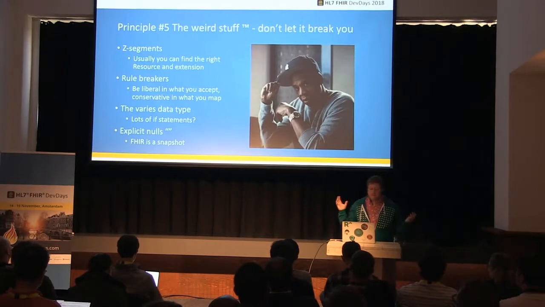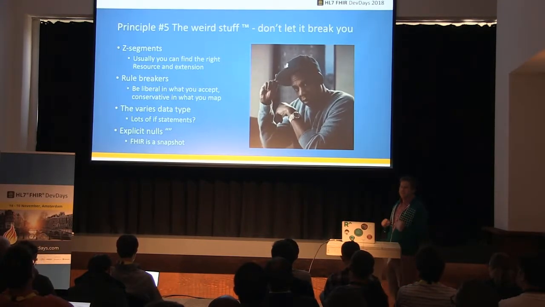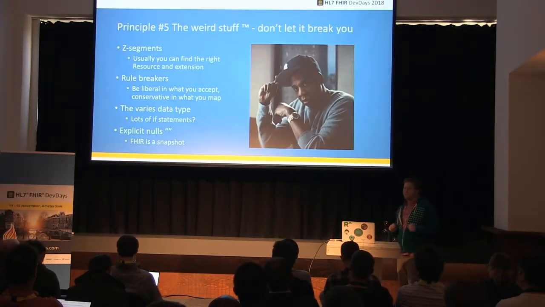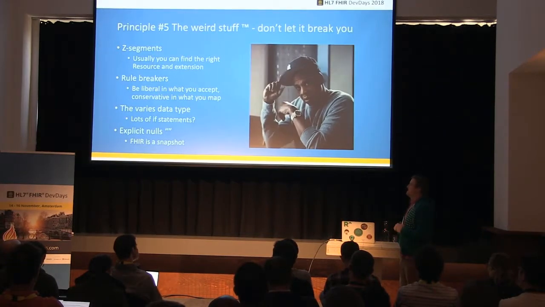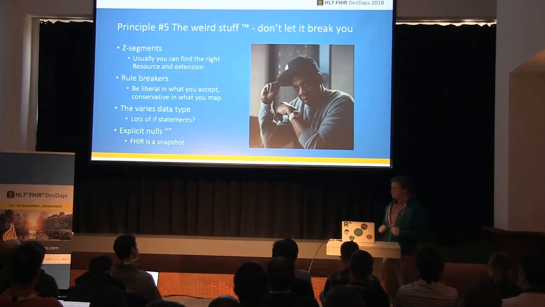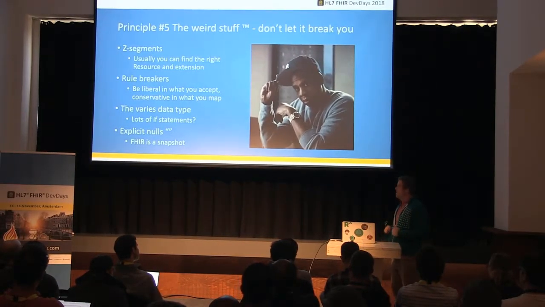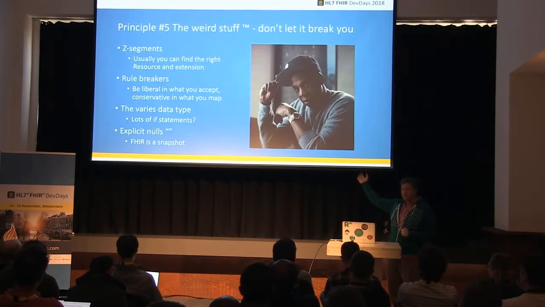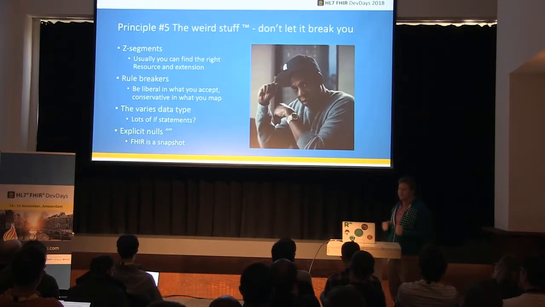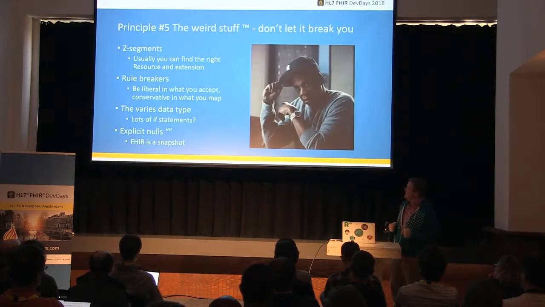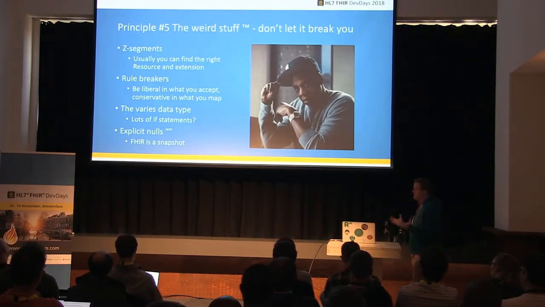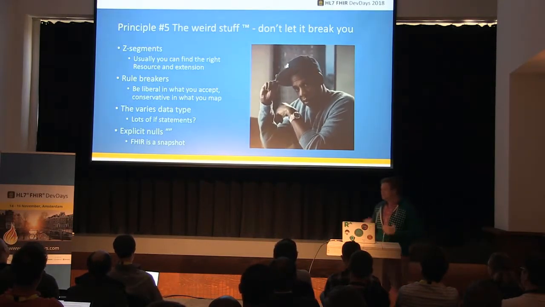Okay, principle number 5. There's weird stuff. It's not a reason to give up. It's just a reason to be defensive. It's defensive coding 101. This is JZ, the patron saint of Z segments. Couple laughs, okay. Z segments are the V2 version of extensions.